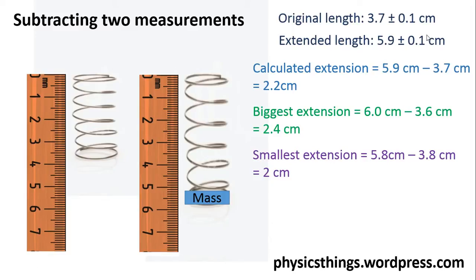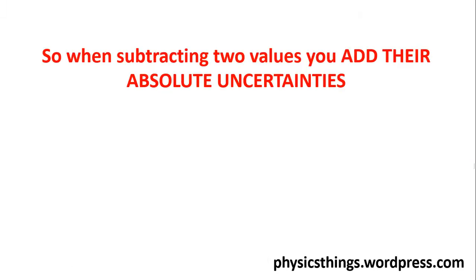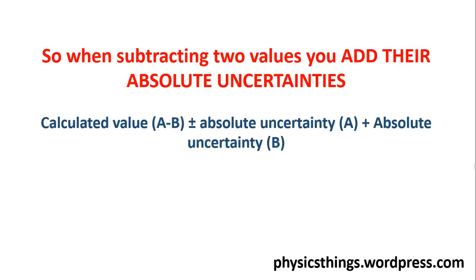So again, I find myself in the position where I've got my calculated extension, 2.2, plus or minus 0.2 centimetres. And that's plus or minus the absolute uncertainty in our original length and our absolute uncertainty in our extended length added together.